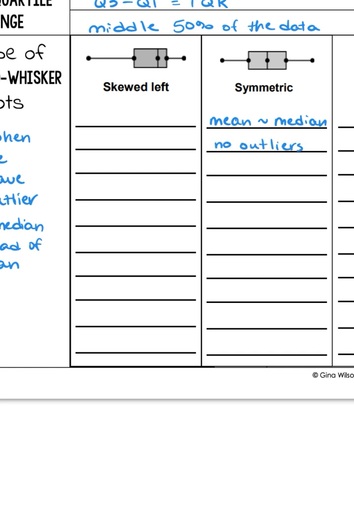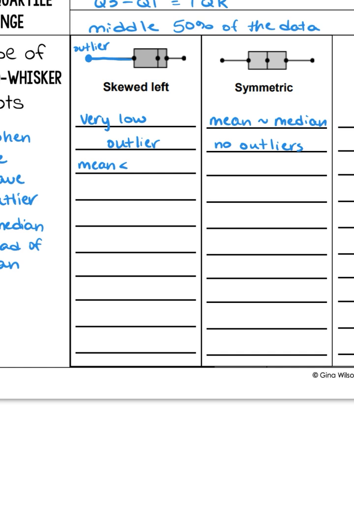When you have something that's skewed left like this, typically you have a very low outlier. Okay, you see how this whisker to the left is a lot longer? So you typically have an outlier down here, and it's gonna pull the mean down.